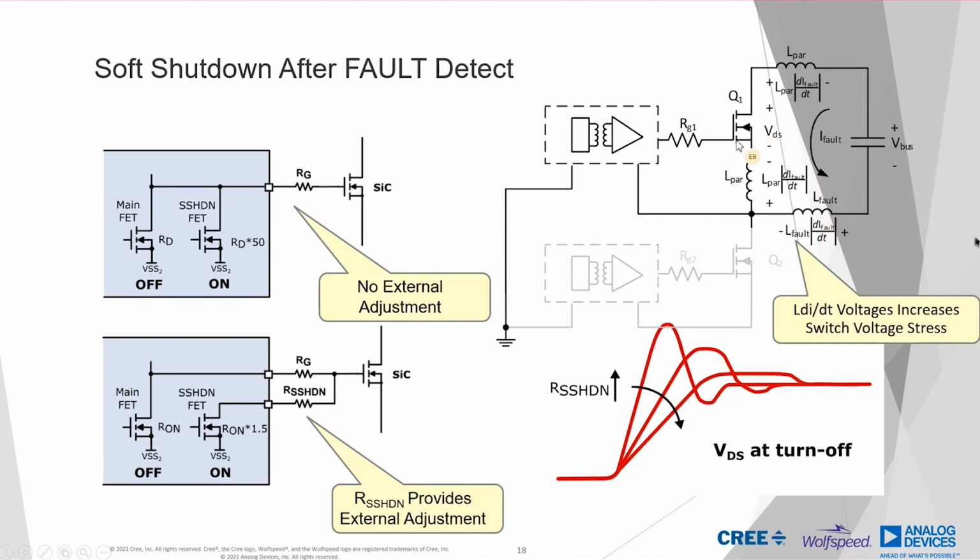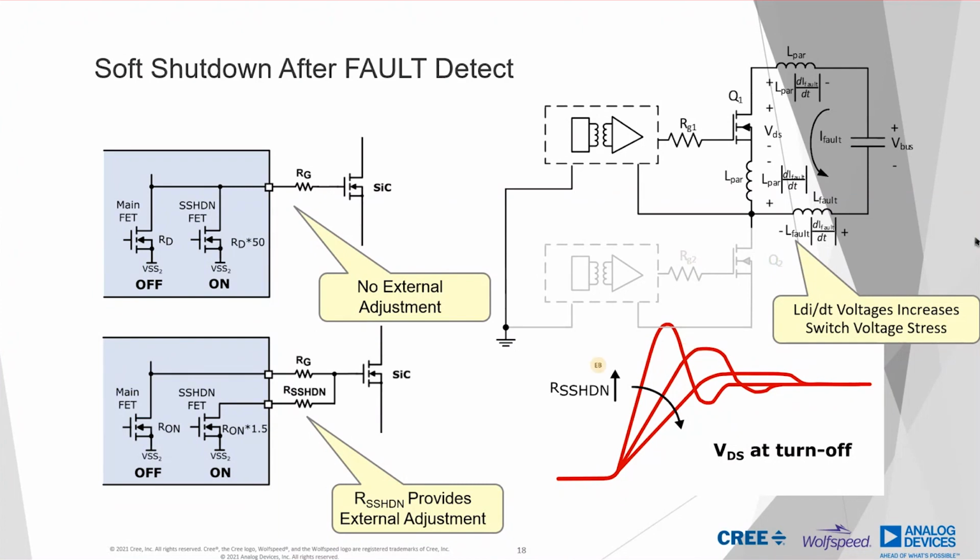And so if you're turning off very quickly, you're going to have a high di/dt because you've got more current and you're trying to turn off quickly. So both of those make that grow, and then whatever parasitic inductance you have in the circuit is going to add a voltage that's going to add on to the drain source voltage and can potentially damage the switch.